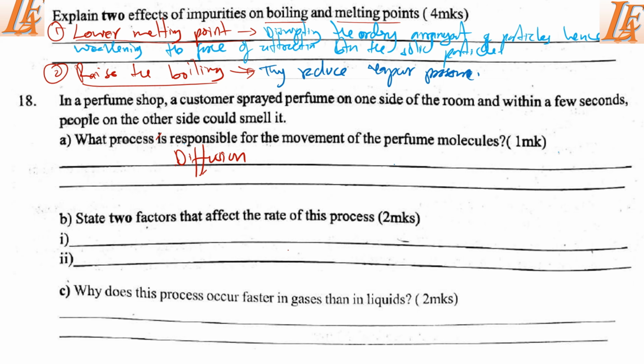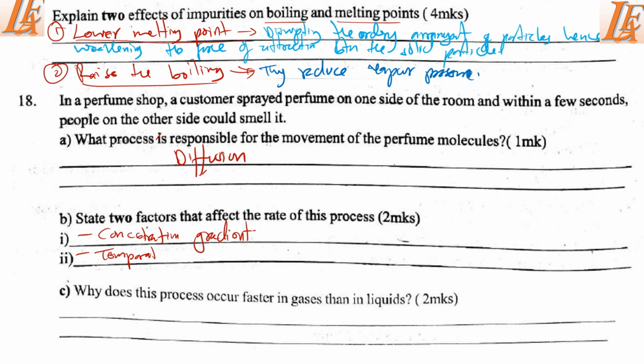Then question B, state two factors that affect the rate of this process. Remember, we have identified the process as diffusion. One factor which affects the rate of diffusion is concentration gradient. If the gradient is great, then diffusion is very high. Two is temperature.